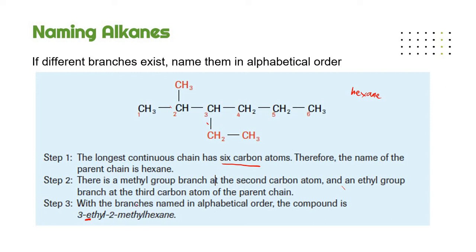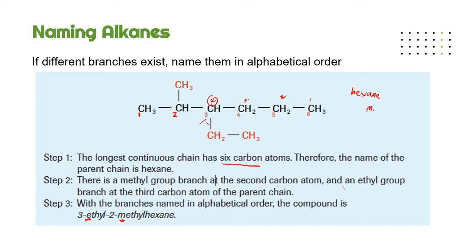So you write your ethyl first because it starts with E. This goes before M in the methyl. But remember, when we start numbering, we really start here because this is closer to a branch than when we start here. 1, 2, layo pa ka para maabot na nasa 4 ang imong first branch. So again, lowest numbers as possible. So this one, you have a branch at 3. What are our branches?